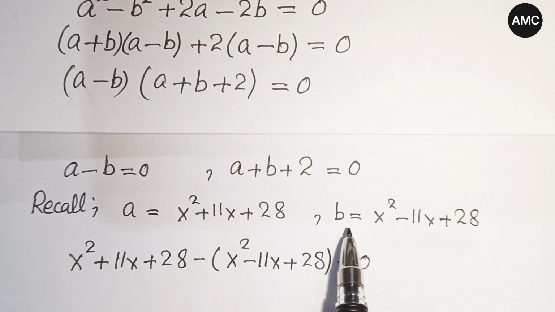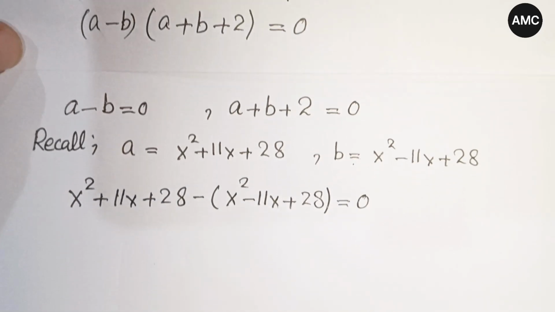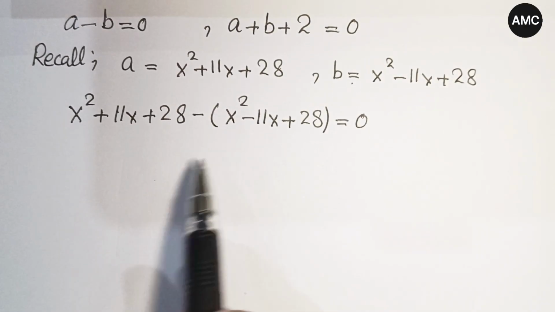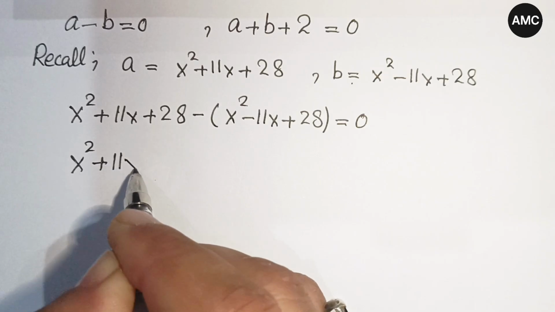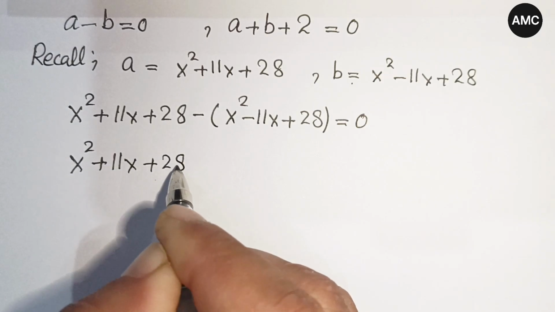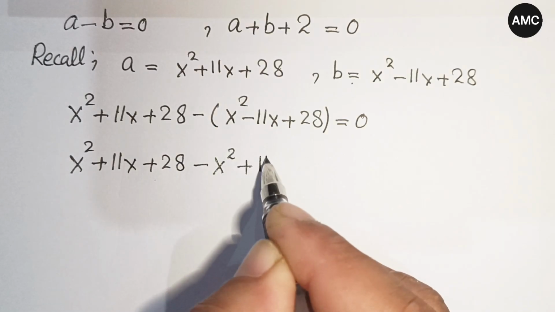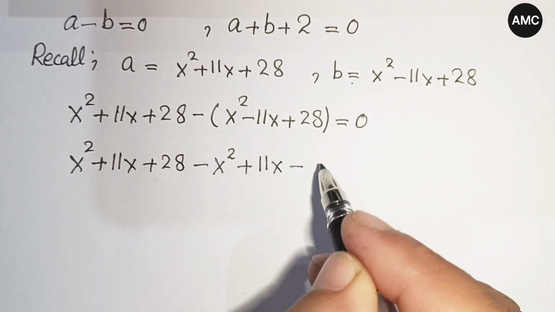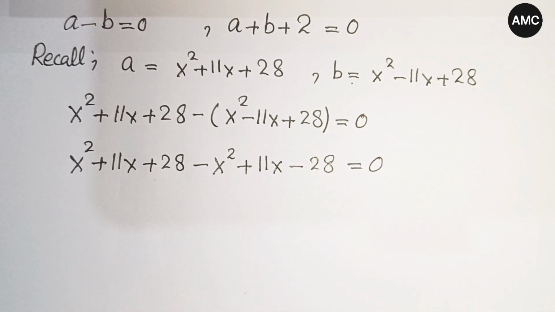We have just put the values of a and b in this equation. So multiplying the negative sign into the parentheses, we get x squared plus 11x plus 28 minus x squared, minus times minus is plus 11x, and minus times plus is minus 28, is equal to 0.